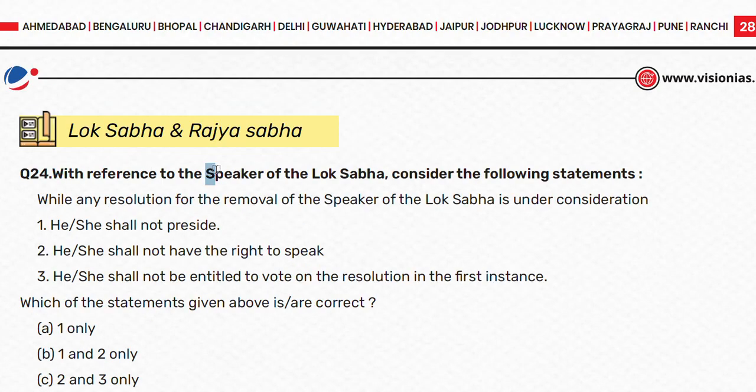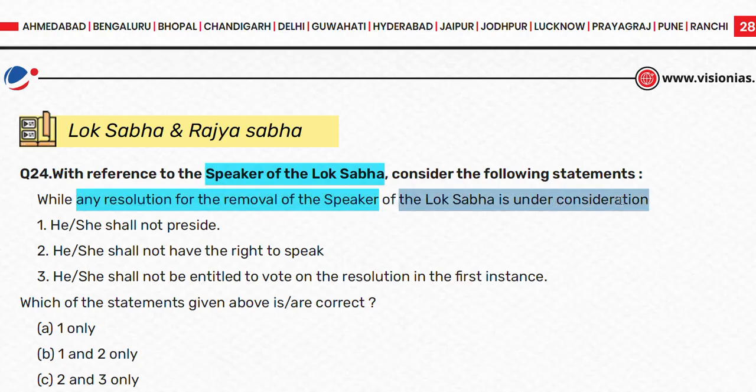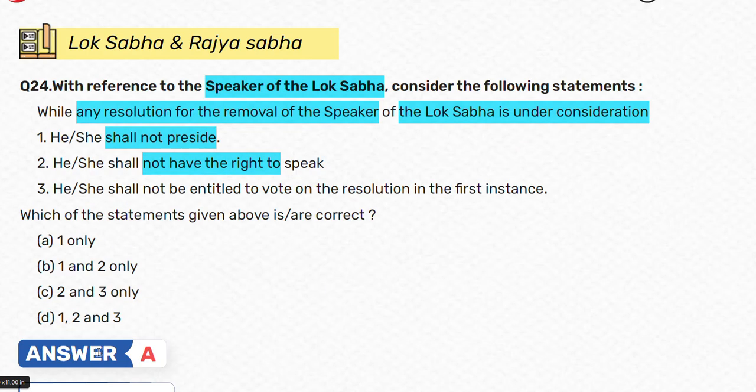With reference to the Speaker of Lok Sabha, consider the following statements. While any resolution for the removal of the Speaker of Lok Sabha is under consideration, he or she shall not preside. Yes, this is true. He shall not have the right to speak. No, this is incorrect. So two has gone, and A is the correct answer.